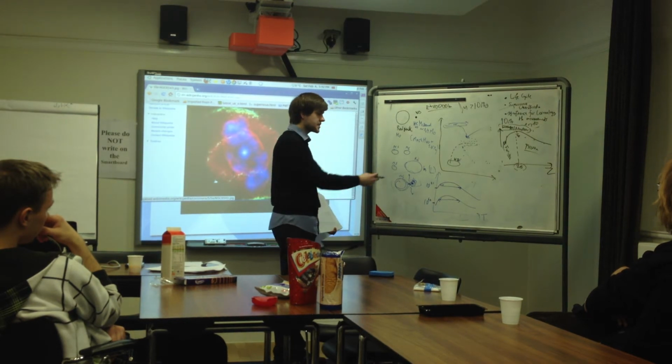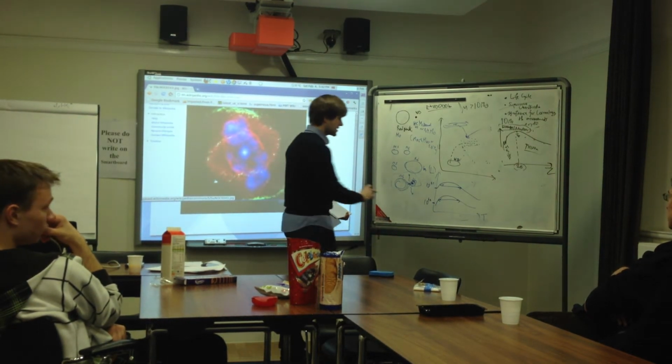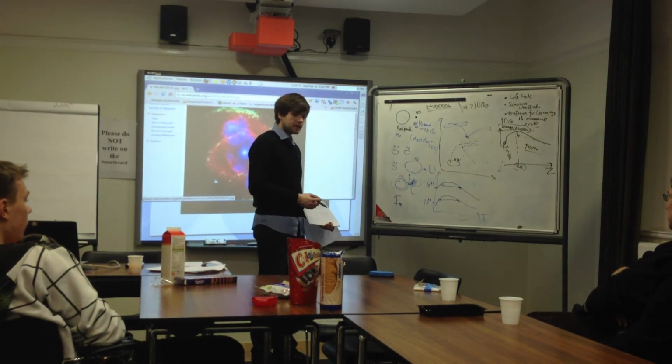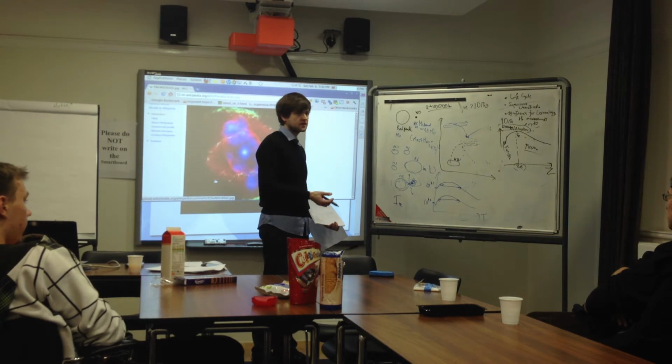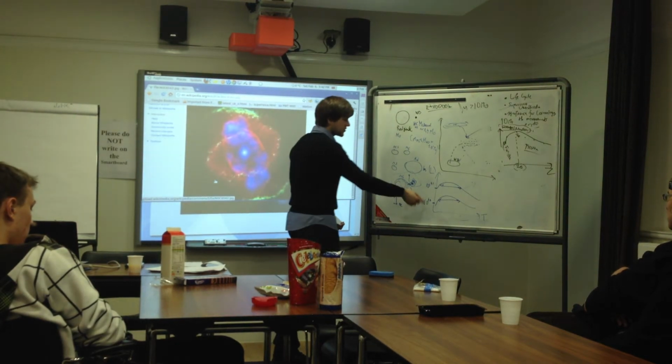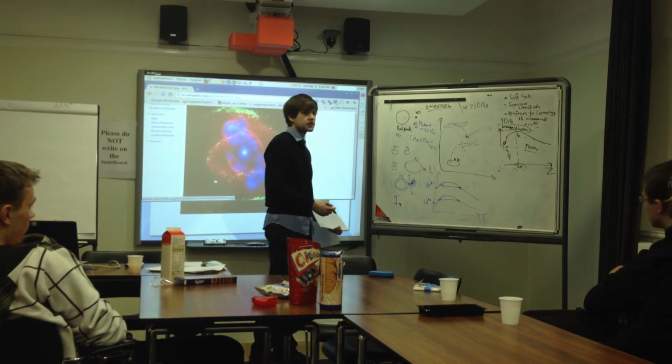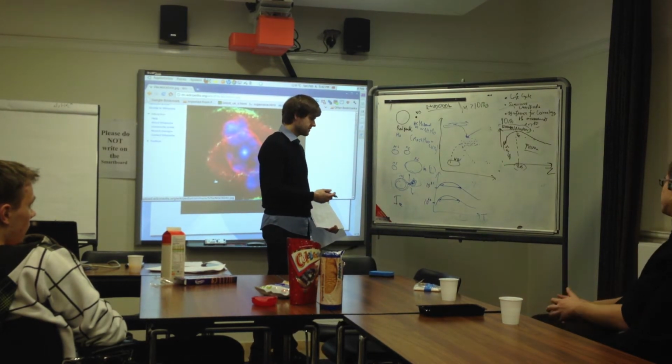Because many people call it a standard candle, assuming that all supernovae 1A have got the same brightness, but they don't. They have got a range of brightness between 10 to the 40 and 10 to the 41 watts.